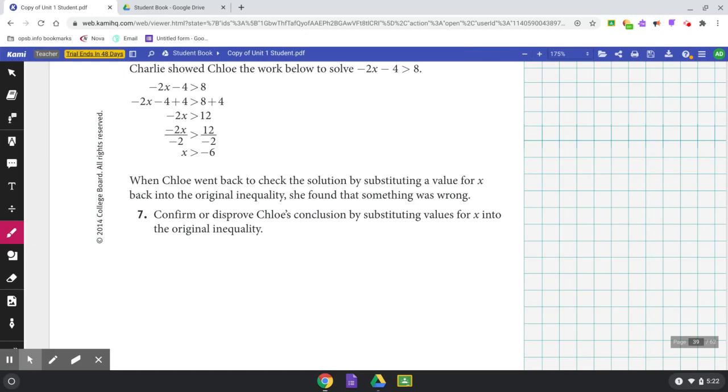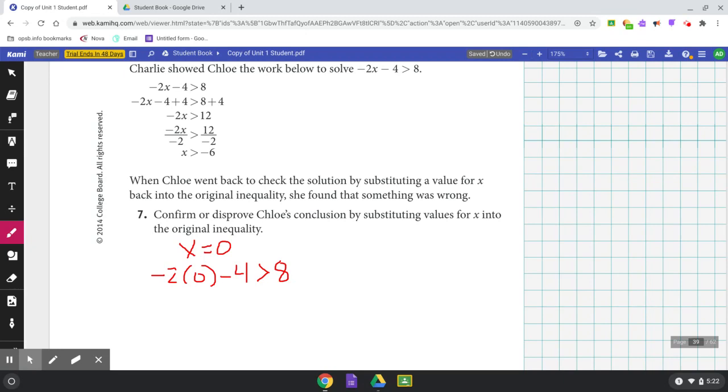Okay, so Miss DeWitt's going to use 0. x equals 0, because 0 is greater than negative 6. Well, what happens? Negative 2 times 0 minus 4 is greater than 8. Now, you can use any value that's greater than negative 6. You can use negative 5, negative 4, negative 3, negative 2. You can use positive values, 1, 2, 3, 4, 5, to infinity.